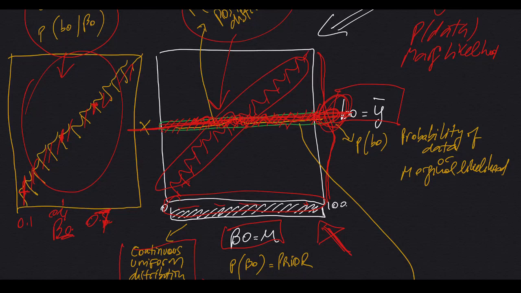Now, isn't that a bit subjective? Well, in a sense it is, but we cannot choose this freely. We need to justify why we use a uniform distribution. And this is a debate, what prior distribution to choose. Sometimes we choose one that is uninformative, like the uniform distribution here. It doesn't inform, it doesn't give any preference to any values.